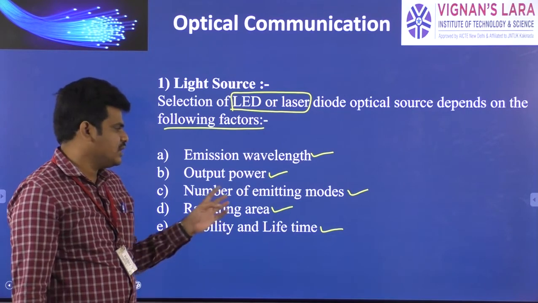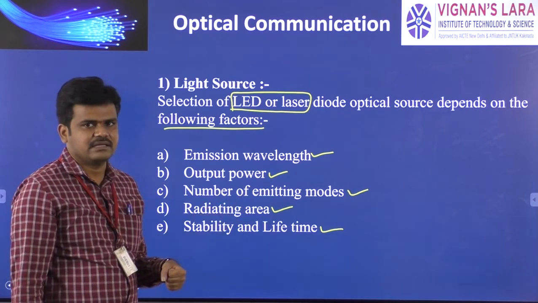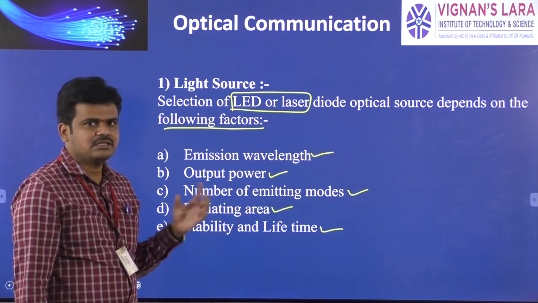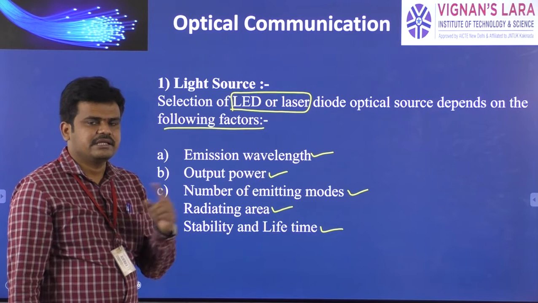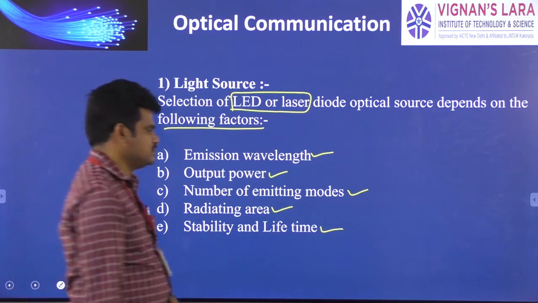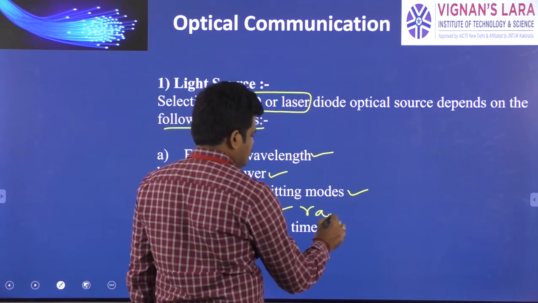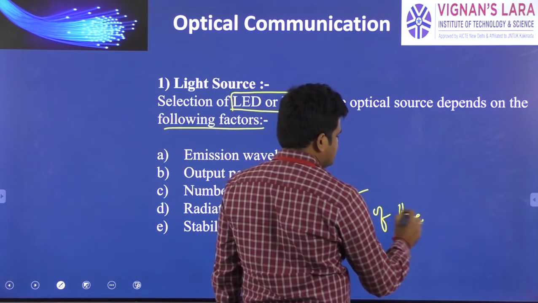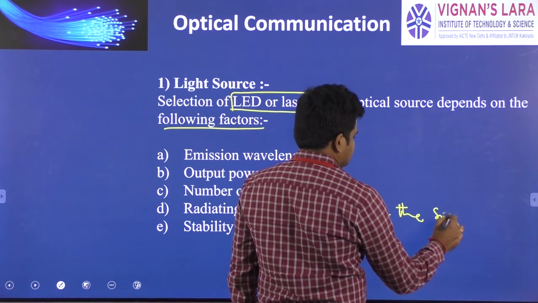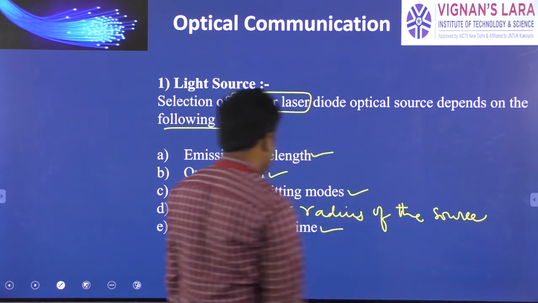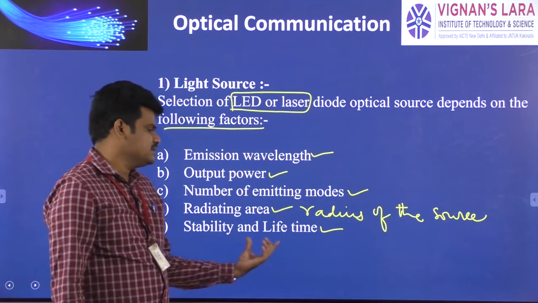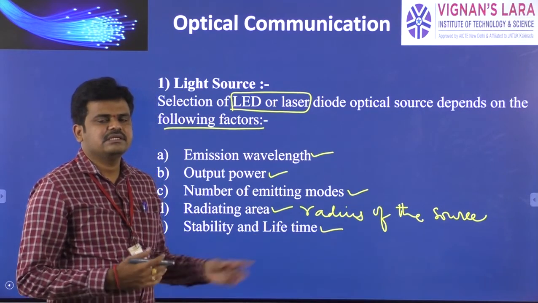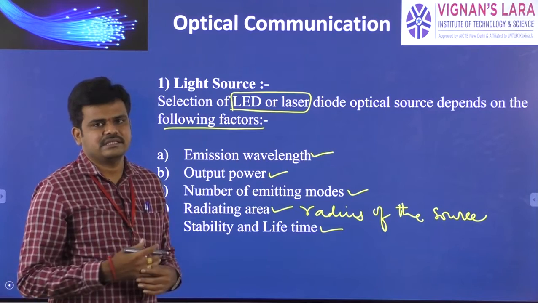The second one is how many emitting modes are there. The next one is radiating area, or you can also consider the radius of the optical source. And another one is stability and lifetime. Lifetime is related to reliability considerations.